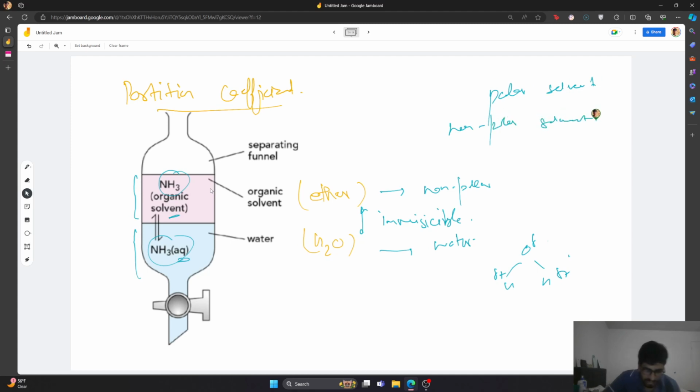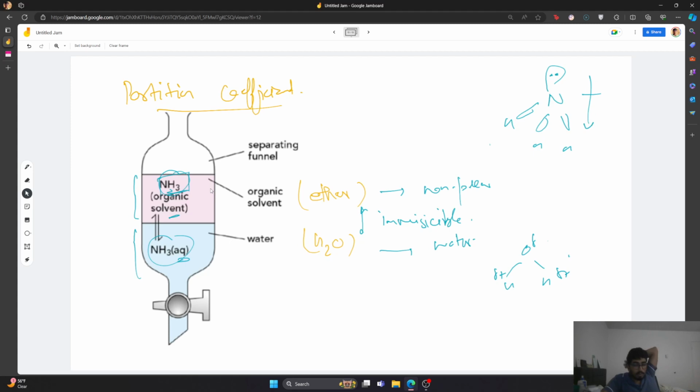In the case of ammonia, does it have a net dipole moment? Ammonia's shape has nitrogen with three hydrogens arranged like a tripod, so it will have a net dipole moment.